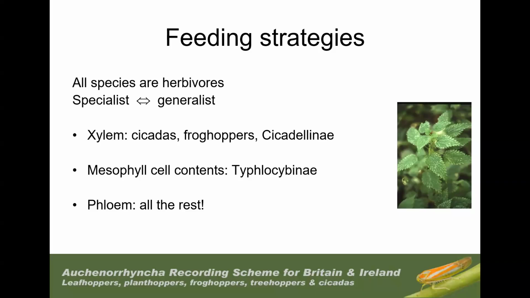Then there's another group, which conveniently is also one of the subfamilies, the Typhlocybinae, which we've mentioned before, those relatively small, delicate leafhoppers that feed on the mesophyll cell content. So these are the cells between the upper and the lower leaf lamina. And what happens here is that they suck out the contents of these cells, cell by cell.